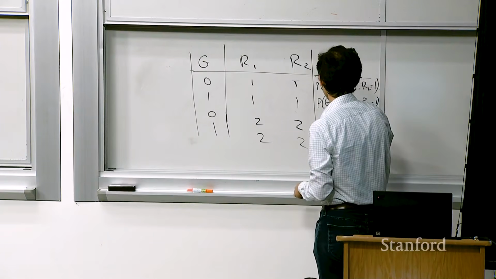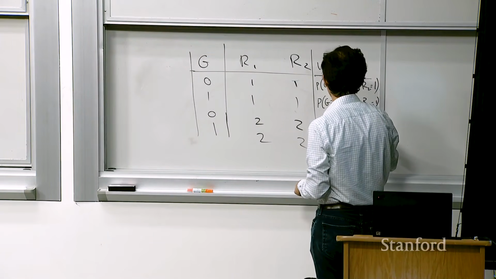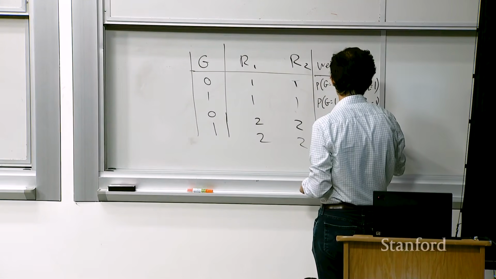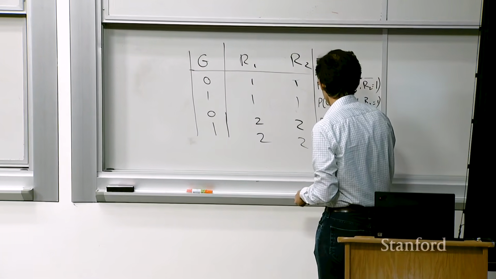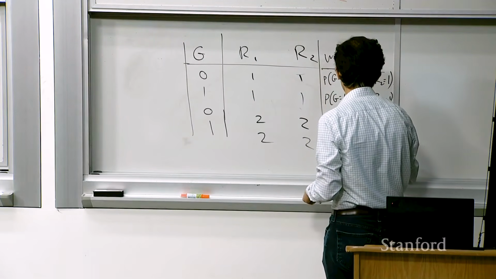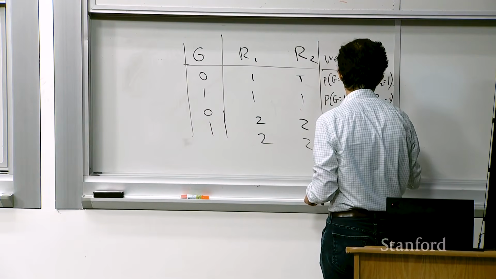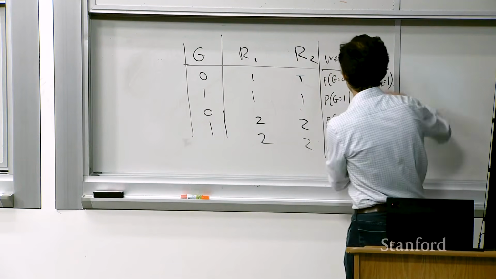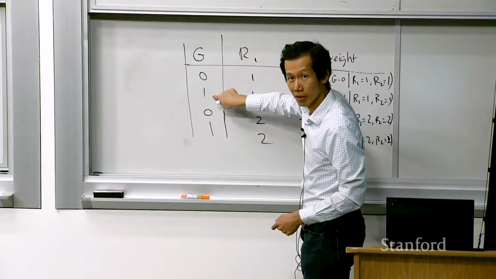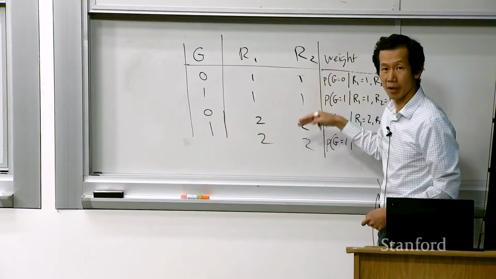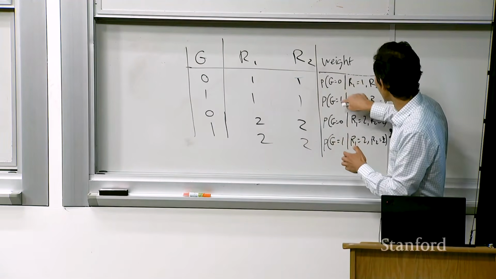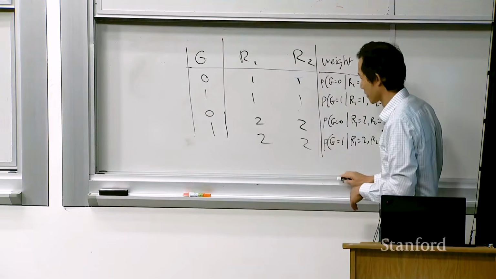This is probability of G equals 0 given R1 equals 2, R2 equals 2. And this is the probability of G equals 1 given R1 equals 2, R2 equals 2. Okay? So what I'm doing is I'm using my model to assess how likely 0 and 1 are for every data point where I don't see the value of G. And by 0 and 1, I meant comedy and drama.